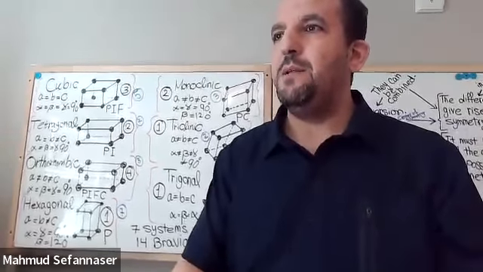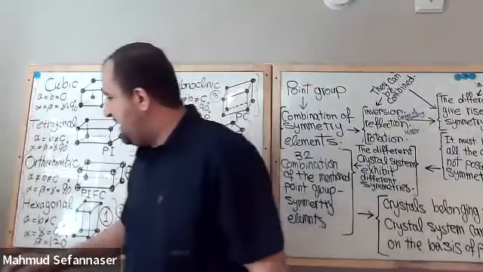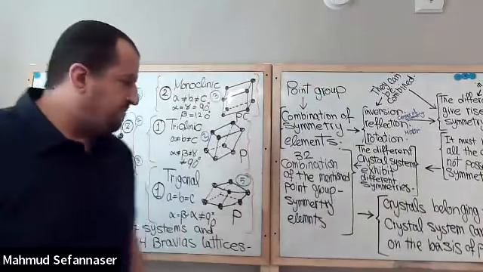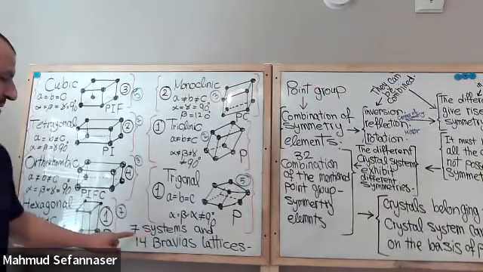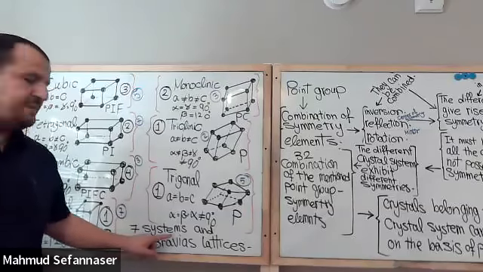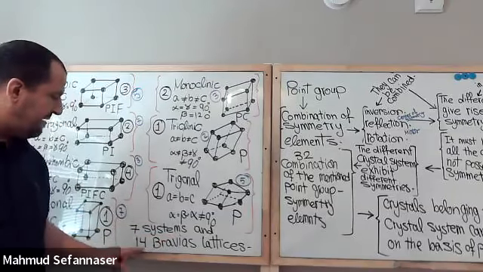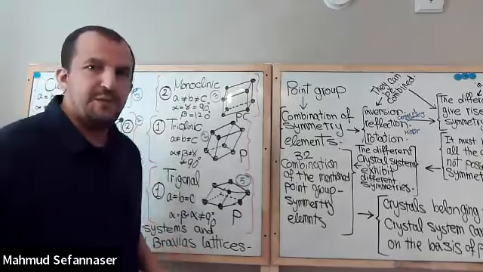So you can see here, guys, that we have 7 crystal systems and we have 14 Bravais lattices.